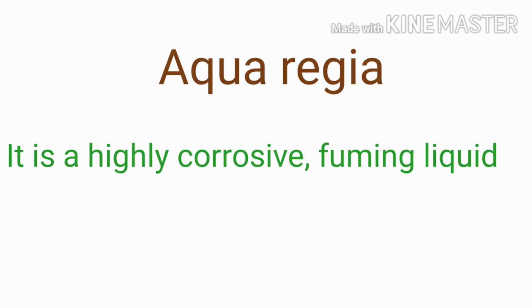Aqua regia is a highly corrosive fuming liquid. Aqua regia can dissolve gold. It is one of the few reagents that is able to dissolve gold and platinum. But concentrated hydrochloric acid or concentrated nitric acid cannot dissolve gold.